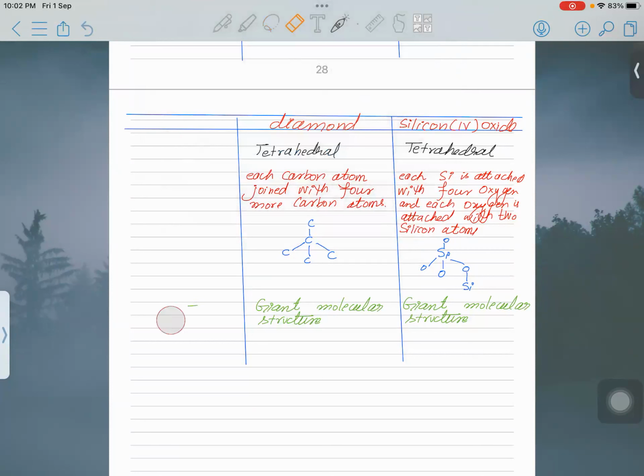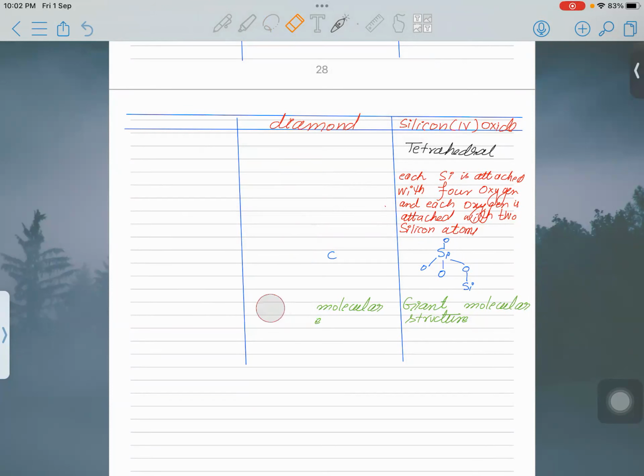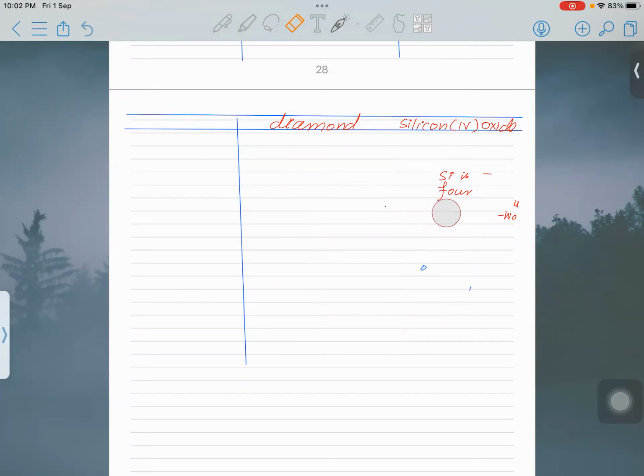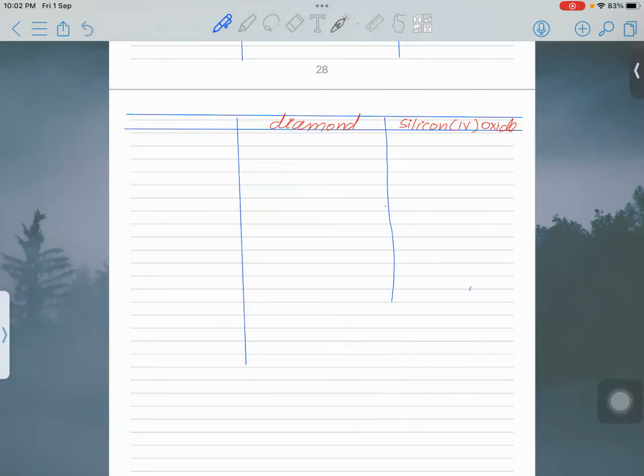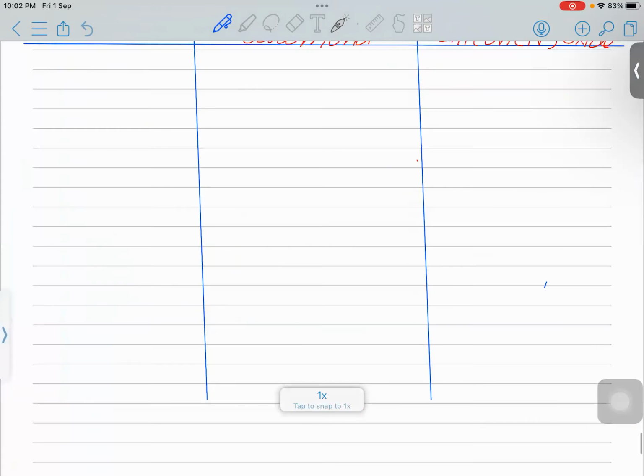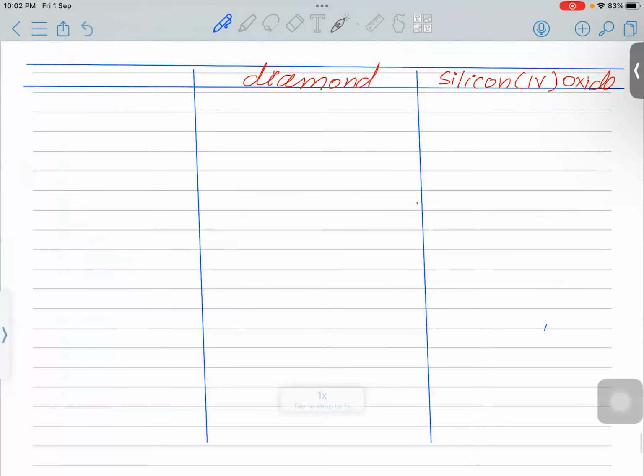Sir, both of them do not conduct, because they don't have any free mobile electrons. Exactly. Neither in silicon dioxide nor in diamond, right? Yes, sir. Next is conductivity.